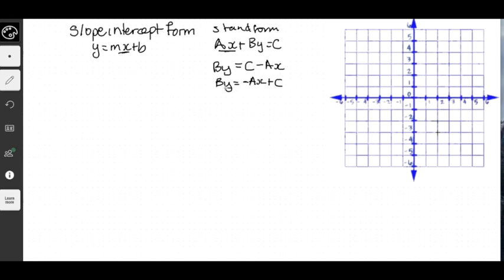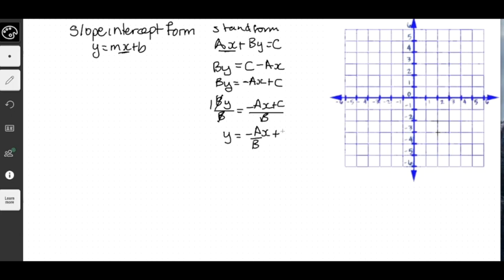So to get rid of this, I would say by divided by b equals minus ax plus c, all divided by b. So when I say b into b, it's 1, and then y is equal to minus ax over b.